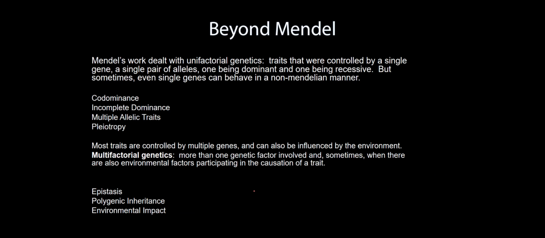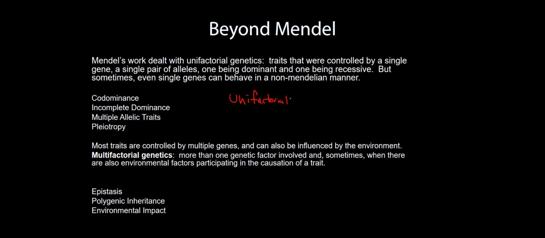All right, so that's it for Mendel and the basics. So the idea of single traits being controlled by single genes with a pair of alleles, right? Up to this point, we were talking about what are essentially unifactorial genetics.